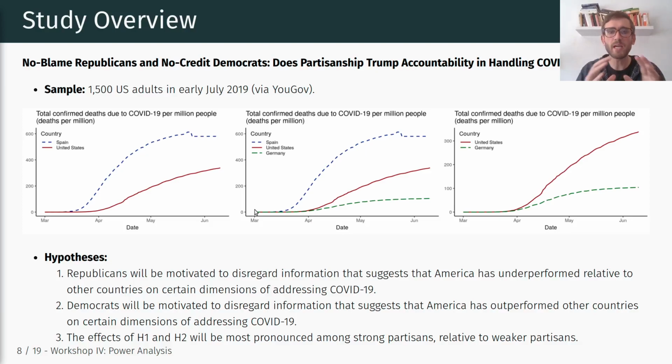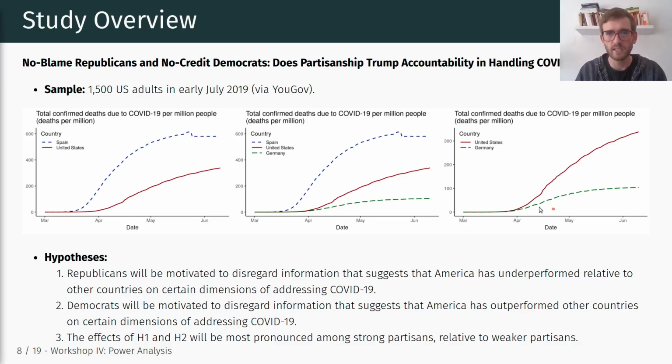Okay. So the main point is, of course, we have a control condition. Compared to the control condition, people who receive the positive framing should have a more favorable assessment of the government's performance, but according to hypothesis 2, this should not be the case for Democrats, who will be motivated to disregard that information.